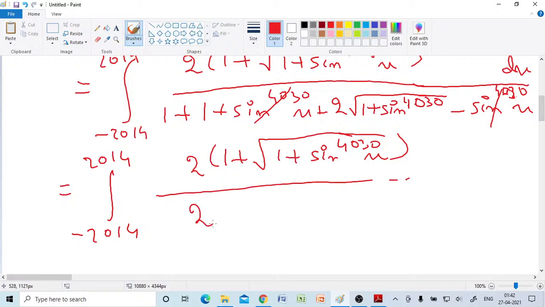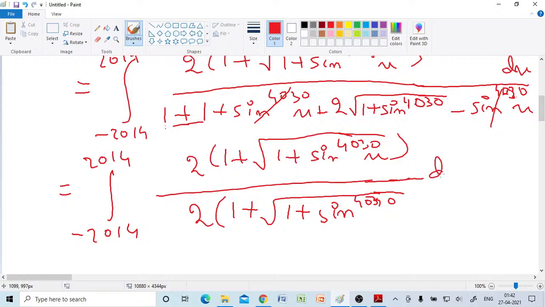You can take 2 common out from here. We'll have 1 plus root over 1 plus sine 4030 x dx.